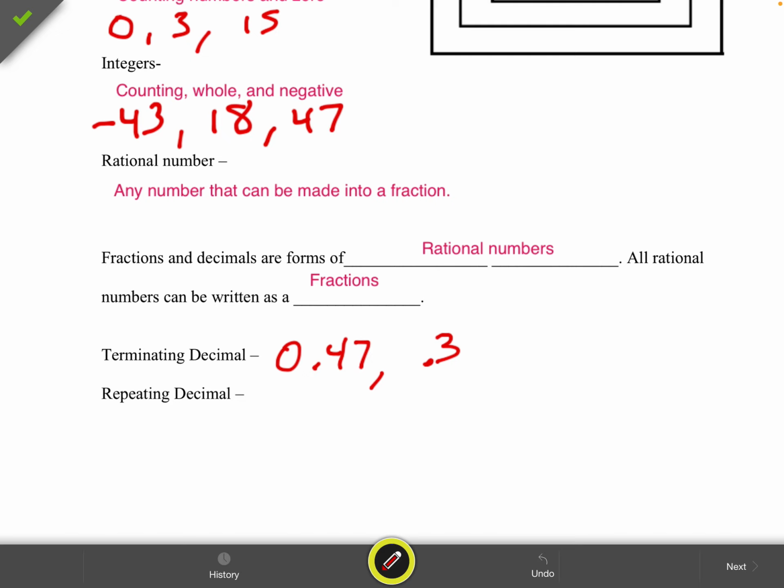And finally, repeating decimals. We see this a lot when we convert our fractions into decimals. Like if you convert 1/3 into a decimal, you get 0.333333, and then our calculator kind of stops there, but really it goes on forever and ever. It repeats. So I'm going to write that as 0.3, and I'm going to put a repeating bar. If we do 2/3 as a fraction, we convert that over to a decimal, we get 0.6 repeating.